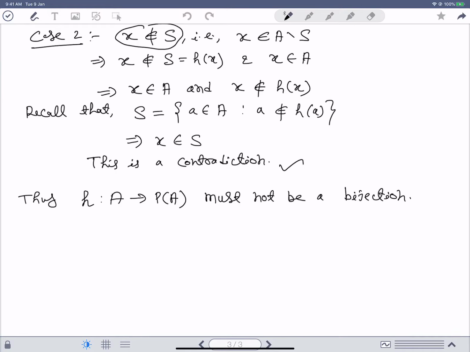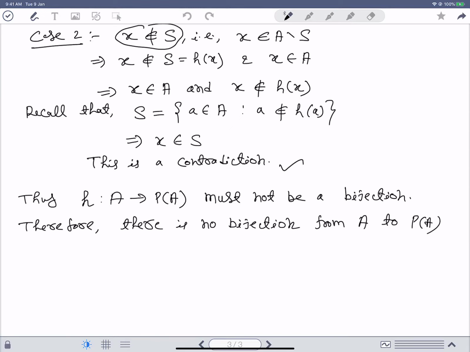So therefore there is no bijection from A to P of A. So that implies the cardinality of A is strictly less than the cardinality of P of A. Fine.